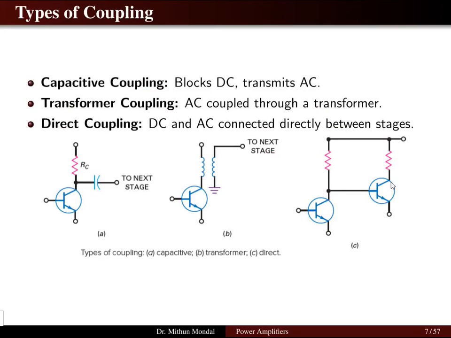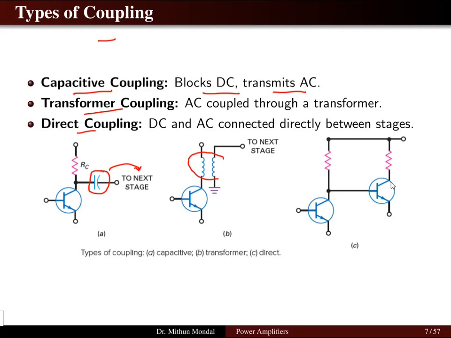When we talk about coupling, there are different types of coupling that we use in power amplifiers. It can be capacitive coupling, transformer coupling, or direct coupling. In capacitive coupling, the output capacitor is connected to the next stage of the amplifier, so it will block the DC and transmit the AC to the next stage.